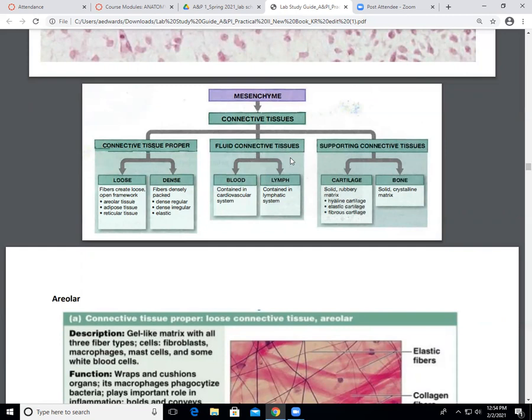Under dense, we have dense regular, dense irregular, and elastic. All right, so those are all under connective tissue proper. Under fluid, we've got blood and lymph. Okay, and so even though they're fluids, we do consider them connective tissues because they do arise from mesenchyme.